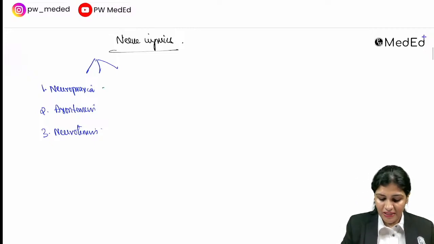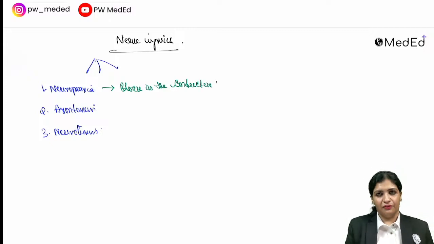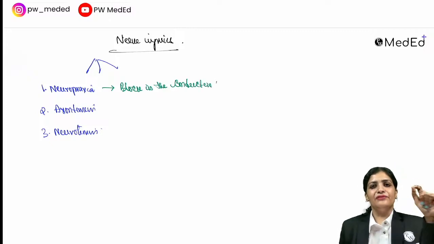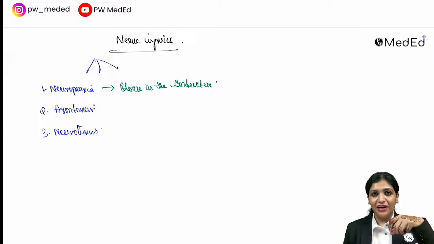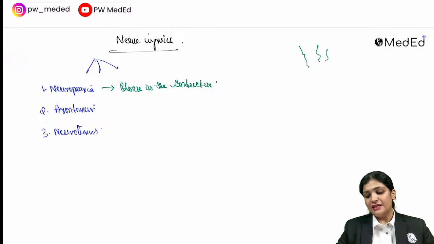Coming to the neuropraxia, this is just a block in the conduction. So block in the flow, or the block in the conduction of the axoplasm of the nerve. So if you remember the structure of the nerve, it consists of the cell body followed by the axon, and then you have dendrites, right? So first there will be the dendrites, then the cell body, right?